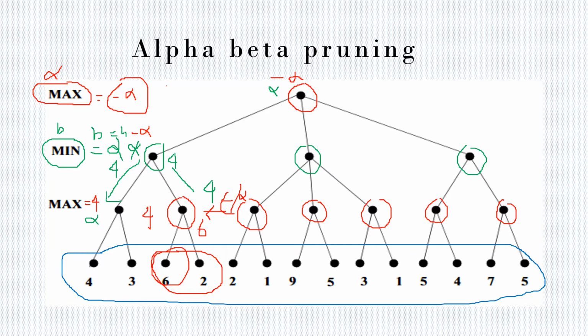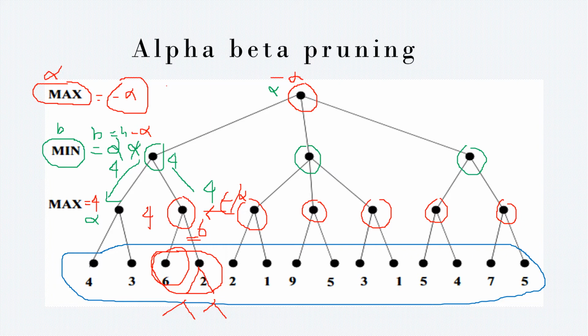Now here is an important point. Here we will prune this node, and we don't need to search this node, and if there are any subtrees, we will not search any of those branches.